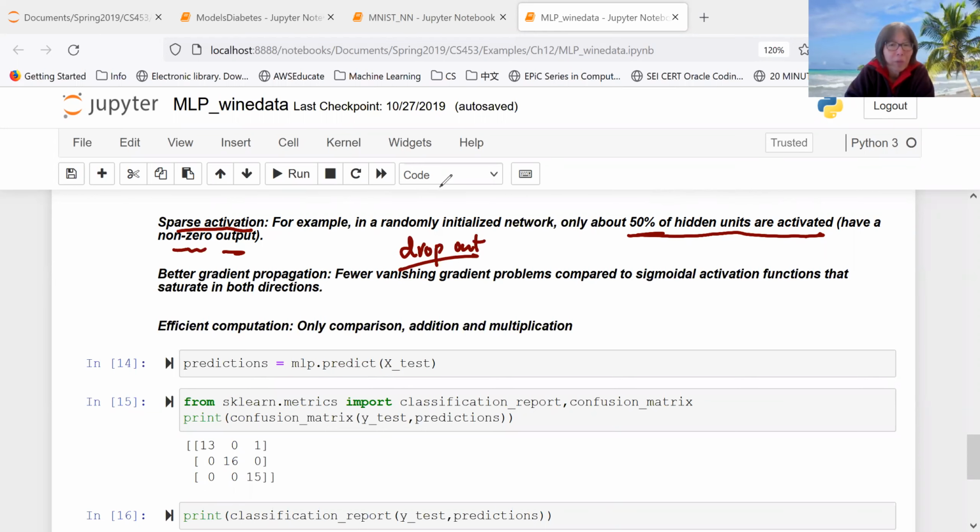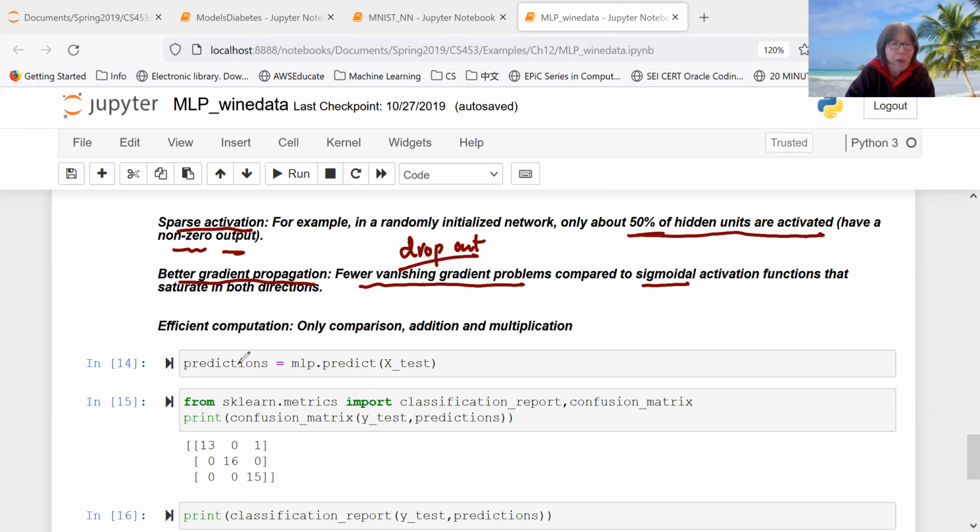And overall, the previously discussed concept is also better gradient propagation. That's fewer vanishing gradient problems if we use ReLU as compared with sigmoid.